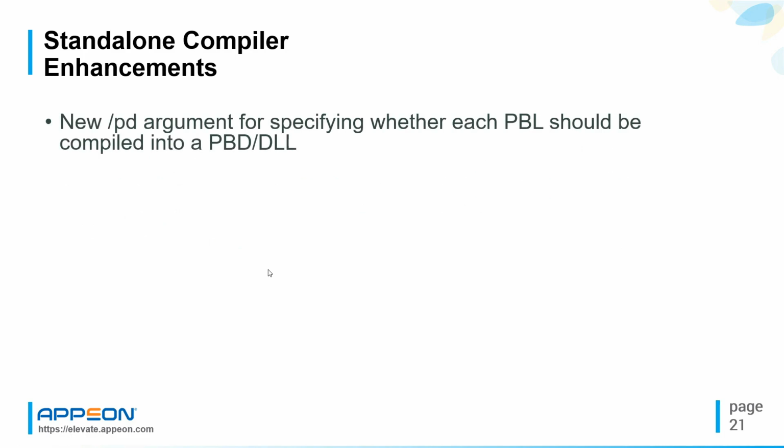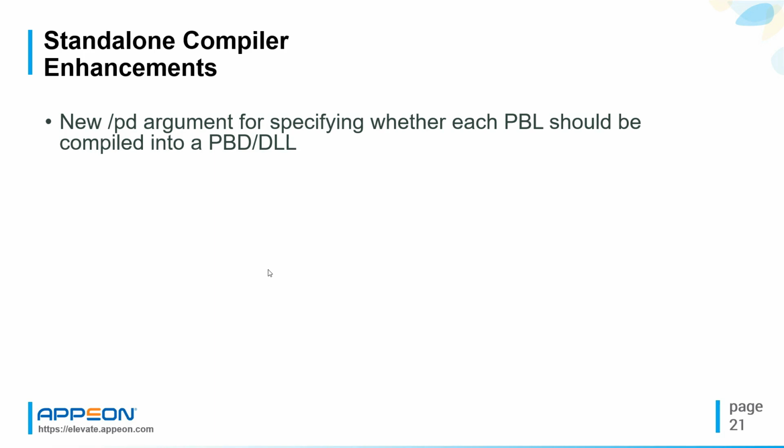Okay, standalone compiler enhancements. Here's where Appeon has kind of made a liar of me, because in my previous sessions I talked about how if you looked at the project painter in PowerBuilder and all the different options you had in the project painter, as of PowerBuilder 2017, the last release, they covered just about everything you could do in the project painter.